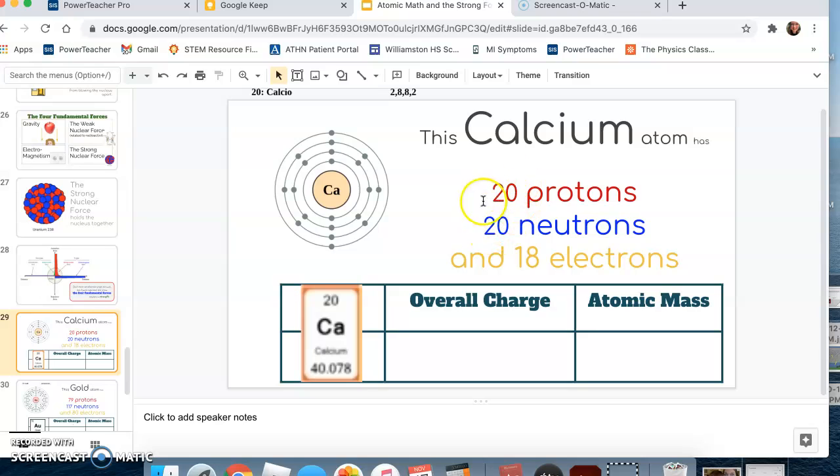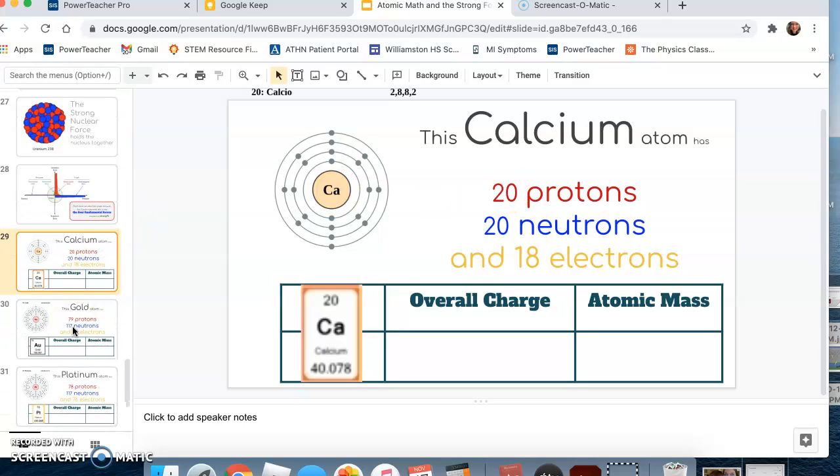That's going to be 40 atomic mass units, and you can actually see that right here, 40. 18 electrons compared to 20 protons. If I was going to line up those 20 protons and those 18 electrons next to each other, I would have 2 protons that fall off the edge. And that means we're going to have a +2 charge on that calcium atom, because there's 2 more protons than there are electrons.